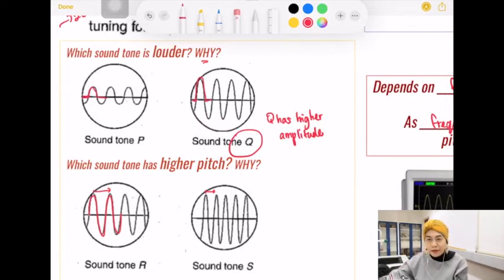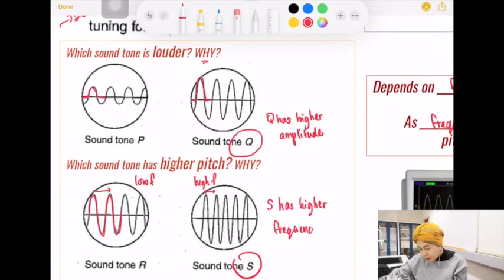Shorter wavelength means higher frequency, and longer wavelength means lower frequency. So low f, high f. Higher frequency would be higher pitch. So your answer here will be sound tone S, because S has higher frequency. Or if in your answer you said it's S because it has a shorter wavelength, that is correct too.